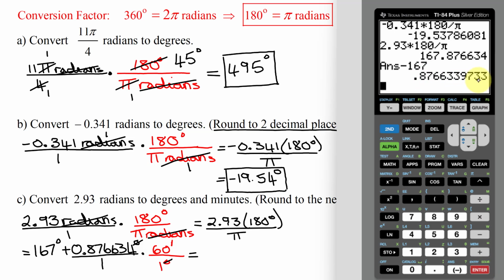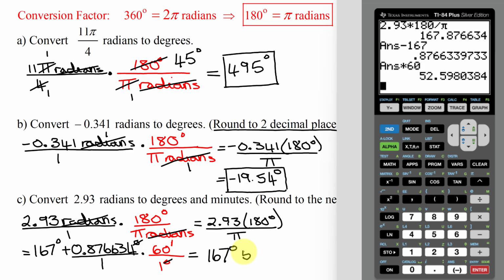That gives me my decimal part of the degree, which I then just have to multiply by 60. And now these are the number of minutes. I need to round to the nearest minute, which is this position. That 5 is going to round it up, so it's going to be 53 minutes. So my answer is 167 degrees, 53 minutes.